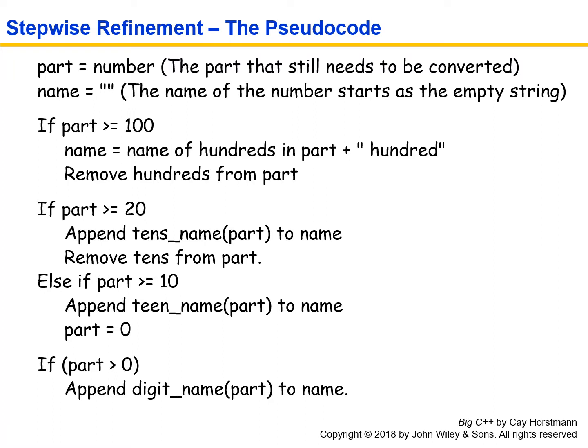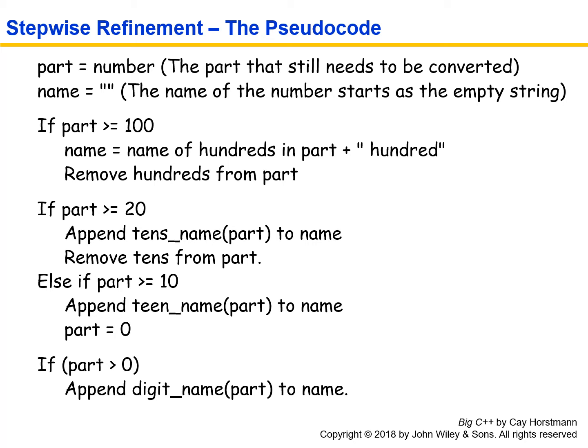So here's the pseudocode that we come up with for this. Part is the part of the number that still needs to be converted and it starts out as the whole number. Name is the name of the number that we've generated so far, and it starts as an empty string. If part is greater than or equal to 100, then we're going to take the name of the hundreds plus the word hundred, and then remove the hundreds from the part.